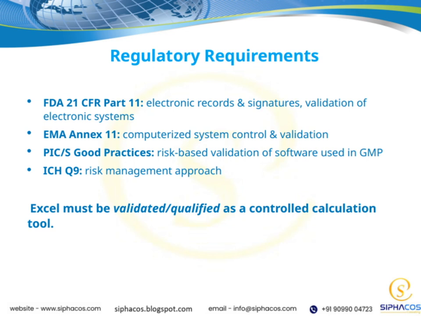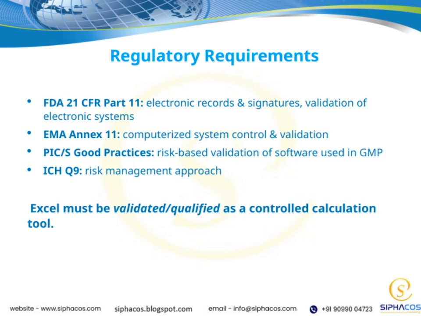Next, PICS good practices highlight the importance of a risk-based validation approach for software used in GMP environments. This means we assess and mitigate risks to ensure system integrity and compliance. And finally, ICH Q9 introduces a risk management approach, guiding us to systematically identify, evaluate, and control risks associated with our processes and tools.